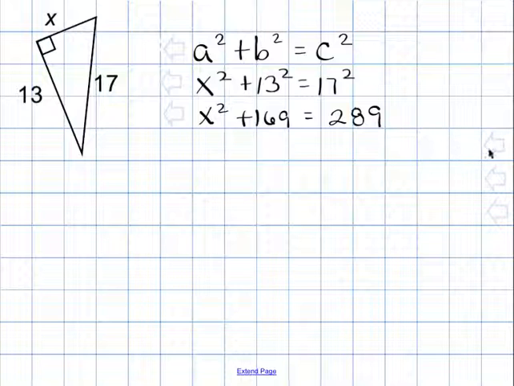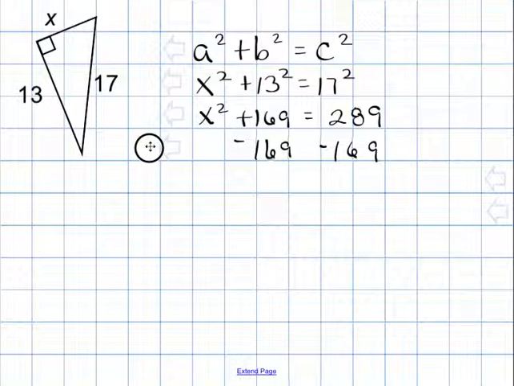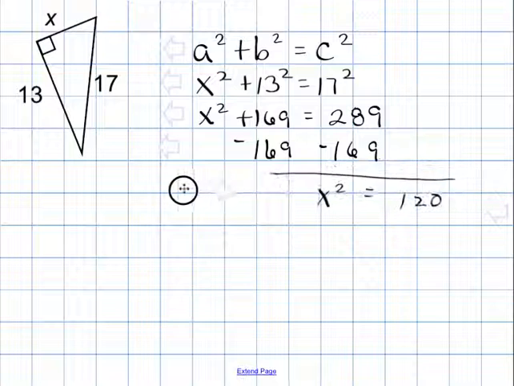After that, we can begin to solve the equation, and since addition is undone with subtraction, we can subtract 169 from both sides of the equation, and we'll isolate our variable x squared.